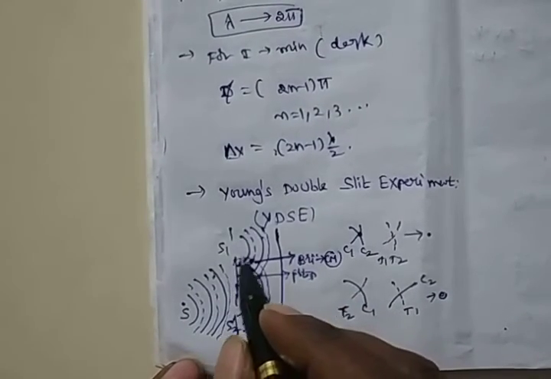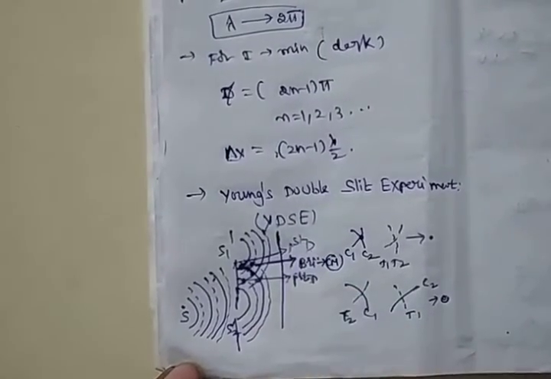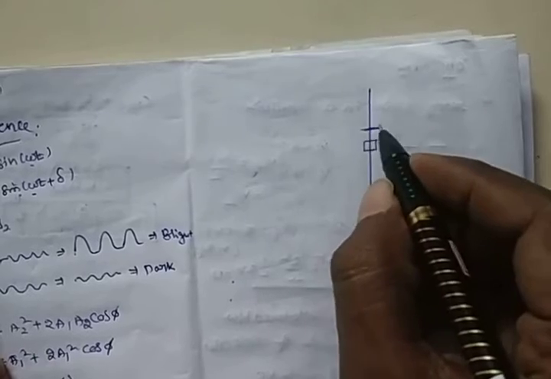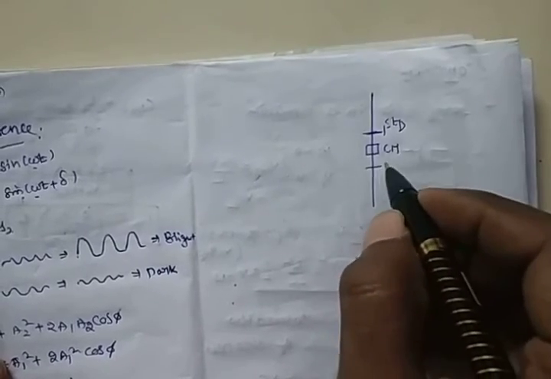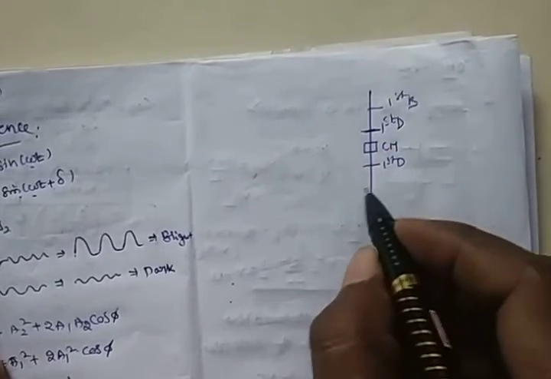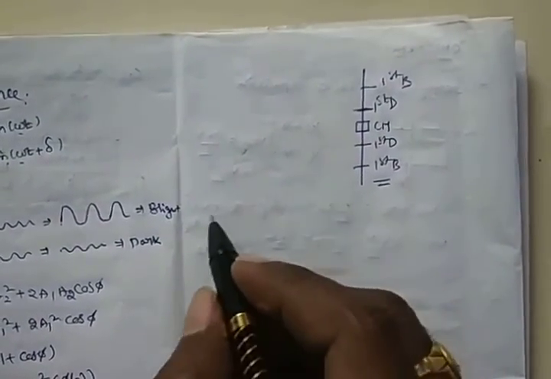If you join like this, you will also get the first dark here. Like that, you will get the image: the central maxima, next the first dark on both sides, next the first bright on both sides. That is the explanation of Young's double slit experiment.